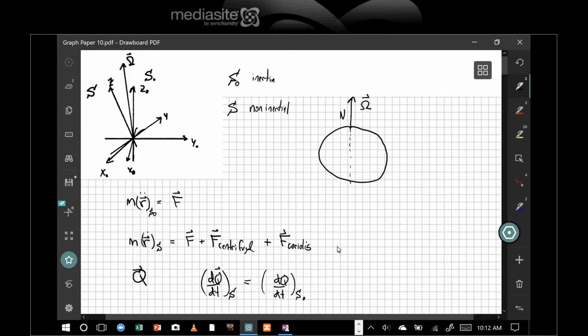The reason is that eventually I have to take not d/dt but the second derivative of Q, because I want to express the acceleration. So let's start that derivation.